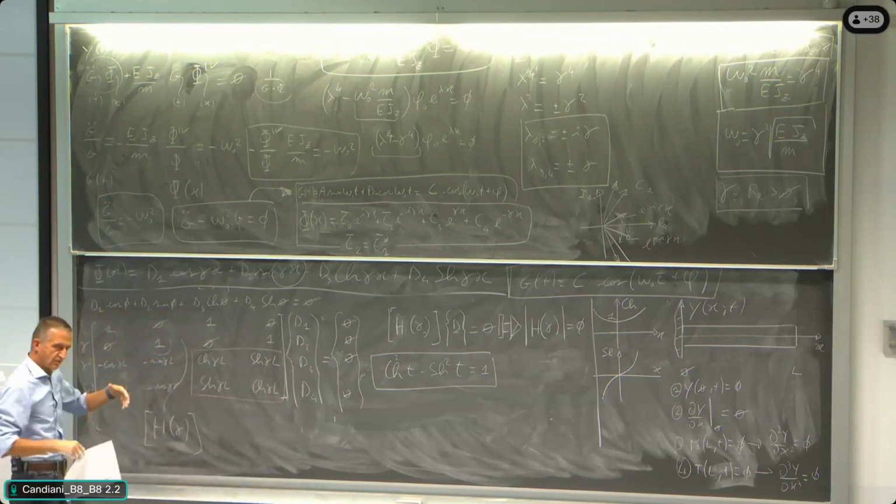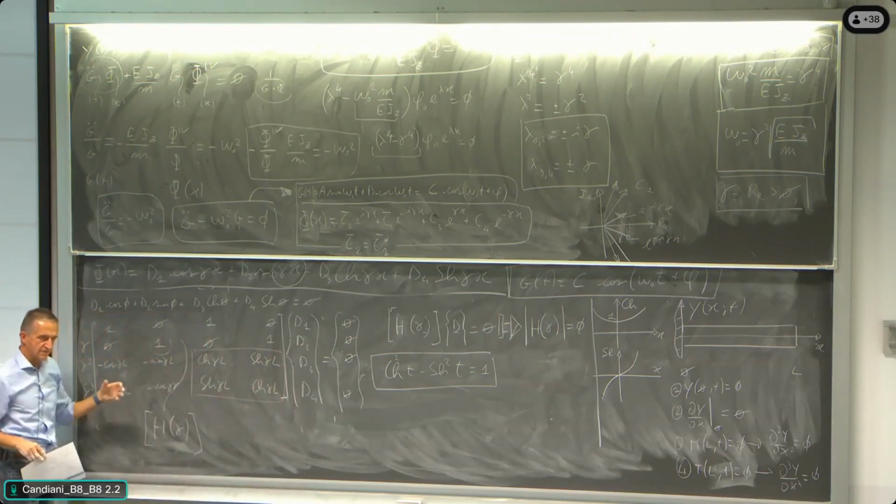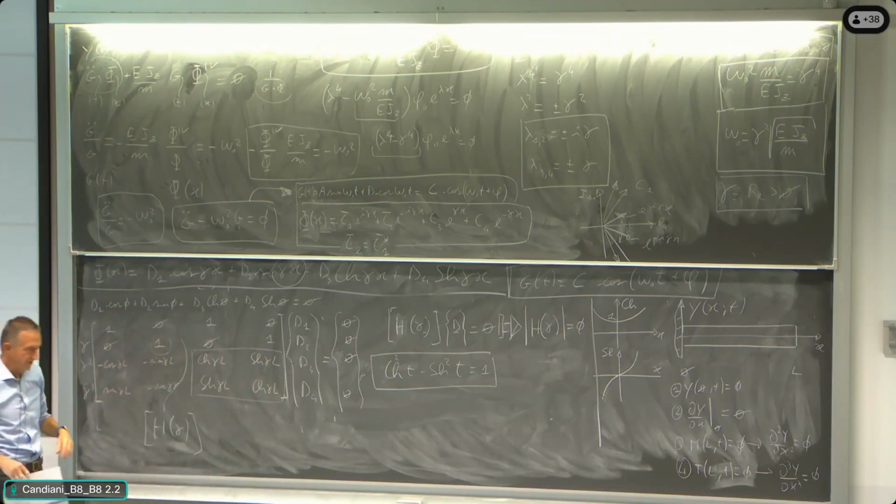So the way in which it is arranged is making so that it's possible to work out the determinant by hand. It's necessary to remind a little bit what we do.